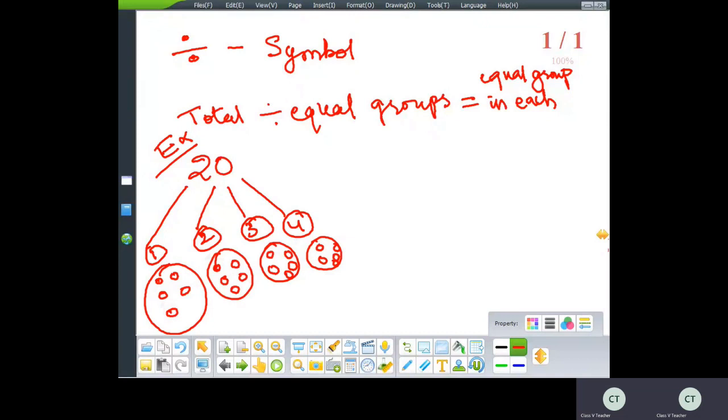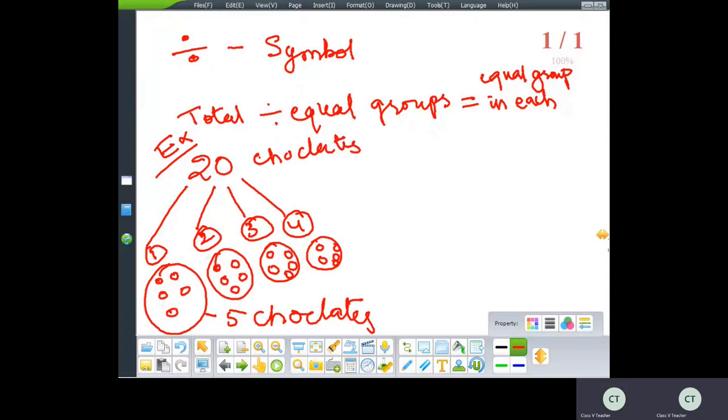So with 20 chocolates, how many chocolates does each one get? 5 chocolates each one got. Yes or no? Distributing like this equally, you have to distribute it in an equal number of groups. So 20 chocolates distributed among 4 friends.